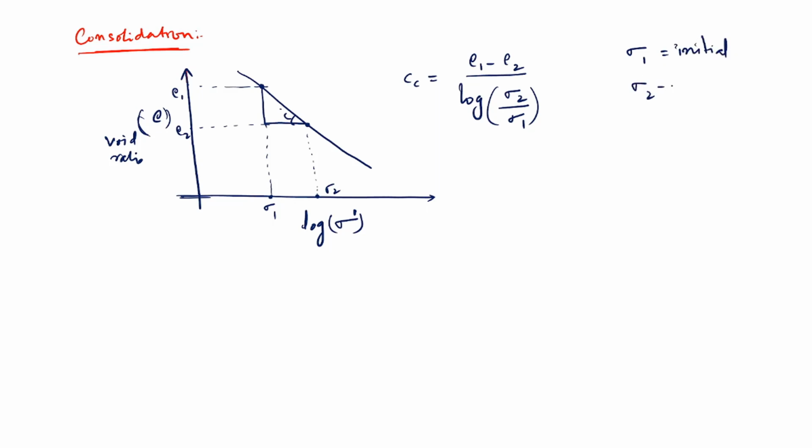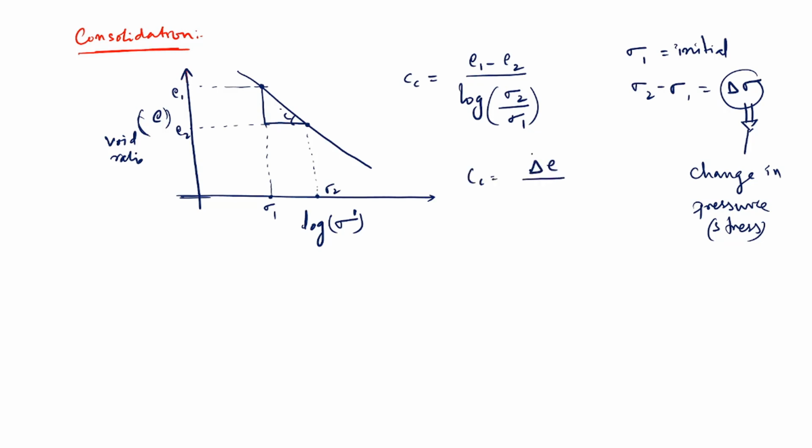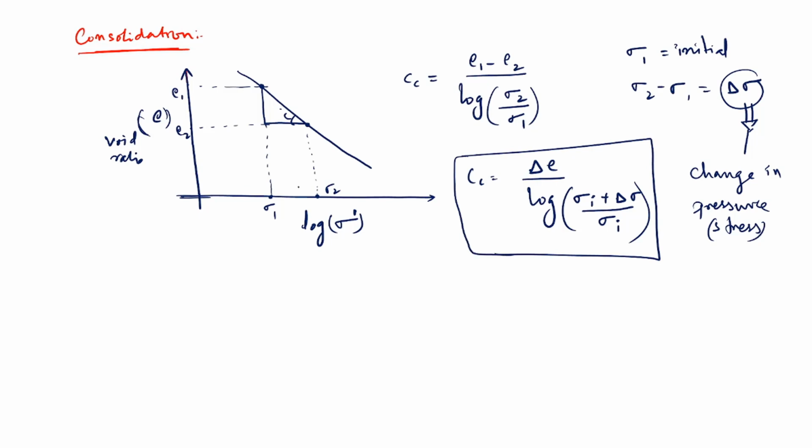Sigma 2 minus sigma 1 is the delta sigma, the change in pressure or stress. Then e1 minus e2 is nothing but delta sigma divided by sigma initial plus that extra change in pressure divided by sigma initial. This is the slope of that graph.